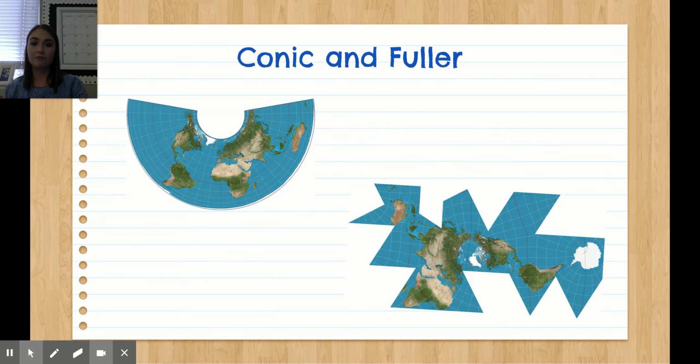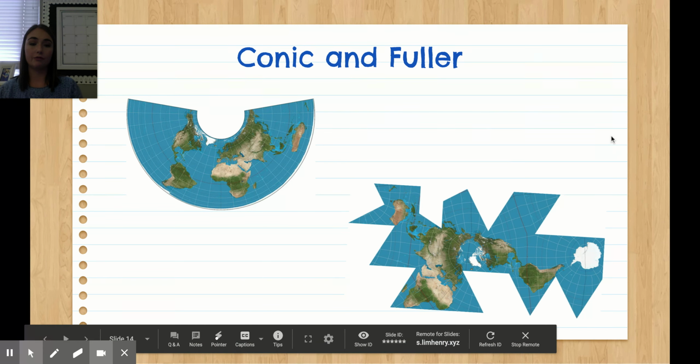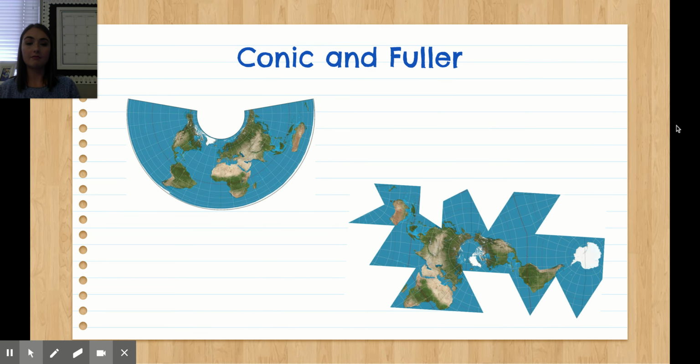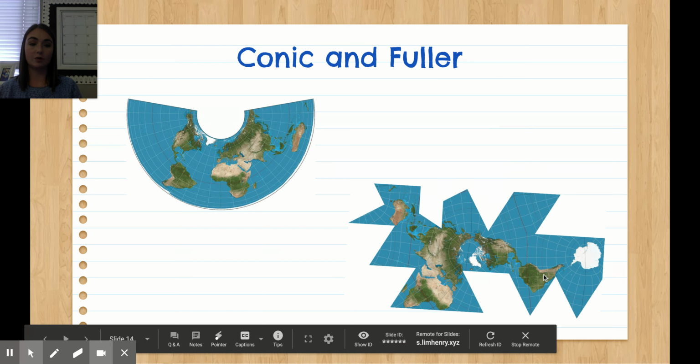So these are some weirder projections. The conic one that I mentioned earlier, this is what the globe looks like projected onto a cone shape. And this one is called the Fuller projection. This one is actually the Earth projected onto a 20-sided figure, but people like to look at this one to see how connected the globe actually is.